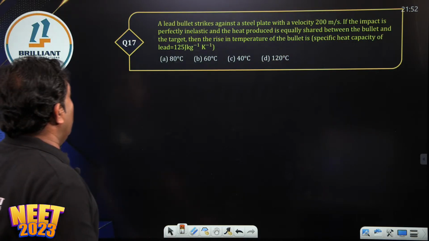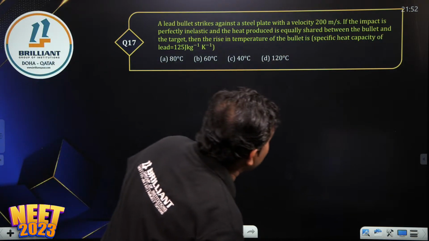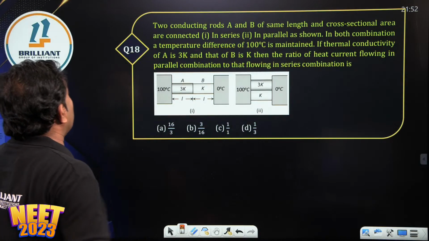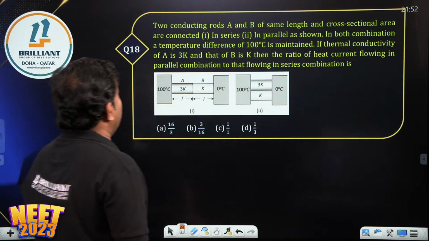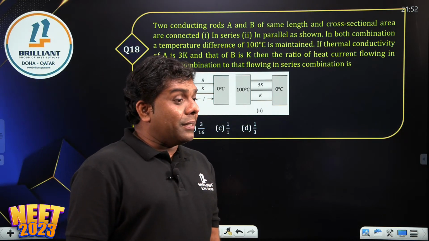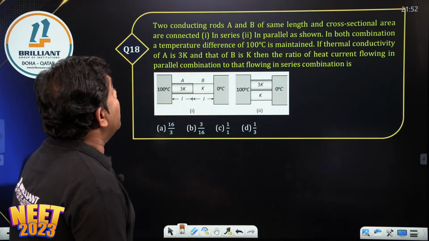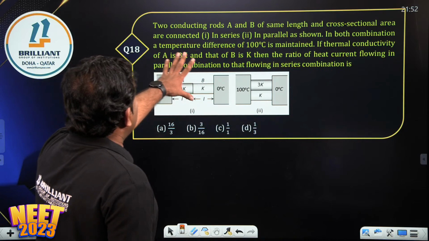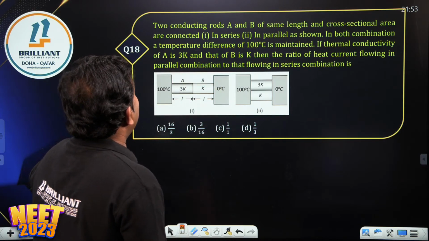Now question 17. We have very little time, so we can come back to that question. Before that we are trying question 18 now. Look, what is question 18? Two conducting rods A and B of the same length and cross-sectional area are connected first in series and then in parallel.